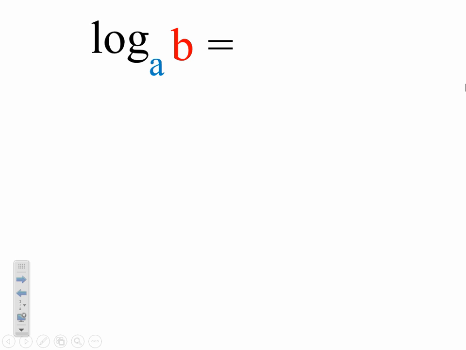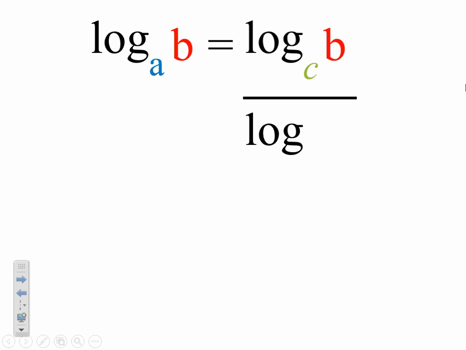When I want to change to another base c, b is the top part of my fraction, and a is the bottom part of my fraction. Okay, so it's easy to remember if you look at it like that.